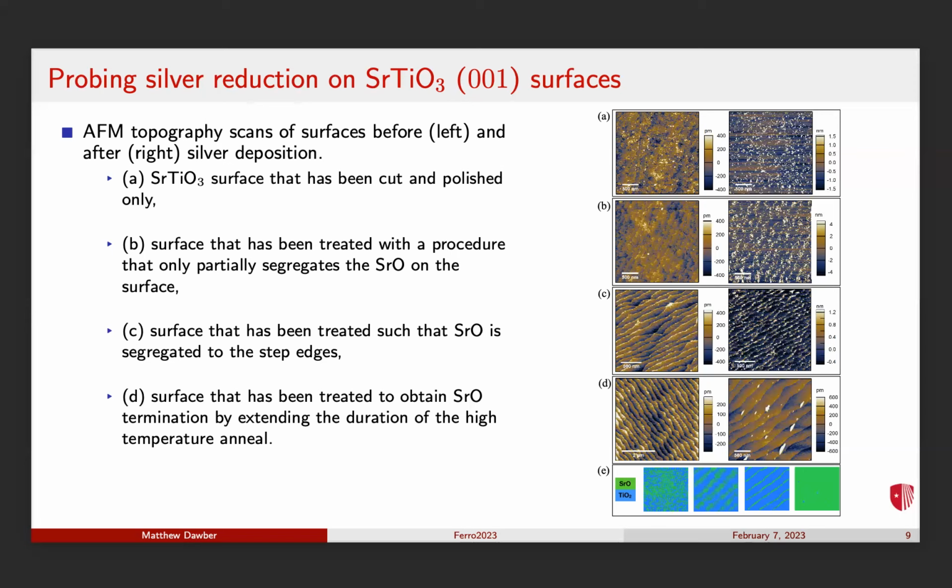There are a few bits where there might be some little bits of titanium and strontium left together on the surface, but by and large, you've killed the reaction. So we see that what's important experimentally in this system is to have both terminations, and it seems like for them to be close to each other, right? It's not good enough if they're microns away from each other, right? In solution, you really need to have the two close to each other.